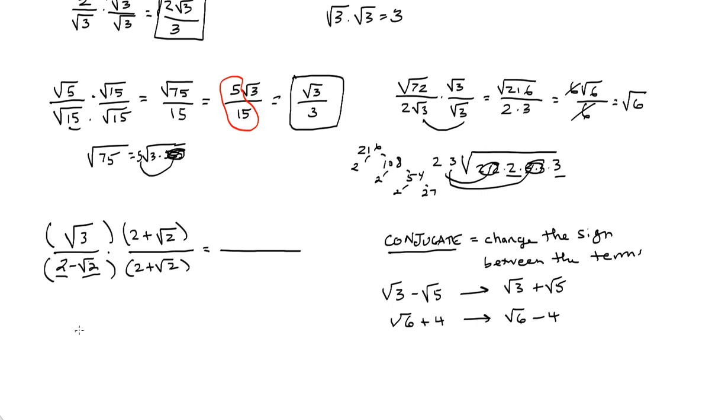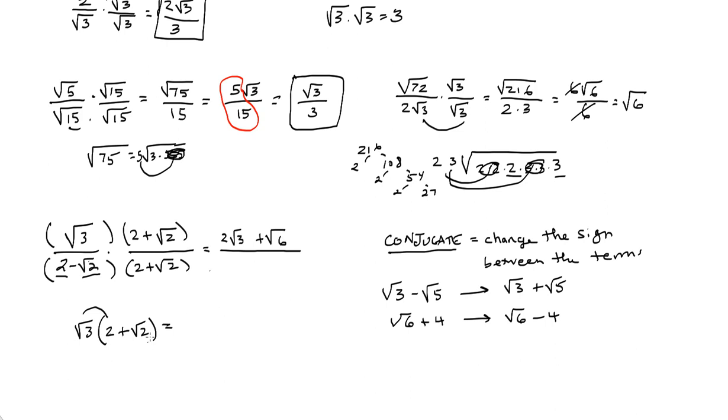On the top, we have radical 3 times 2 plus radical 2. Well, that's just distribution, isn't it? Just distributing. 2 times radical 3 is, don't multiply something outside times something inside, 2 radical 3. And what's radical 3 times radical 2? Radical 6, isn't it?